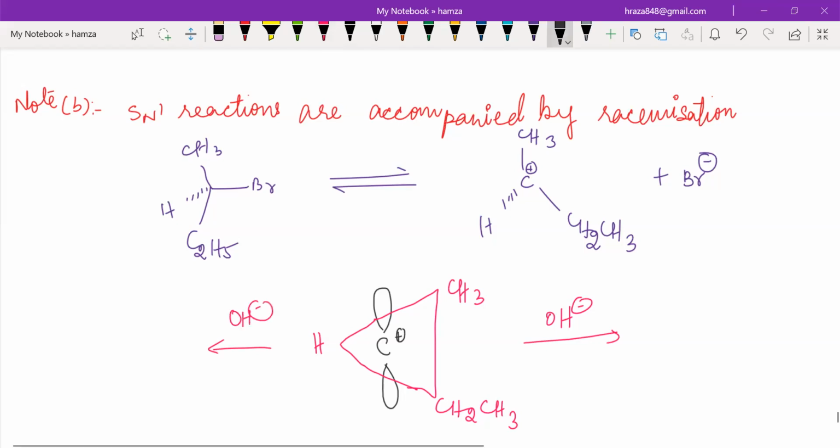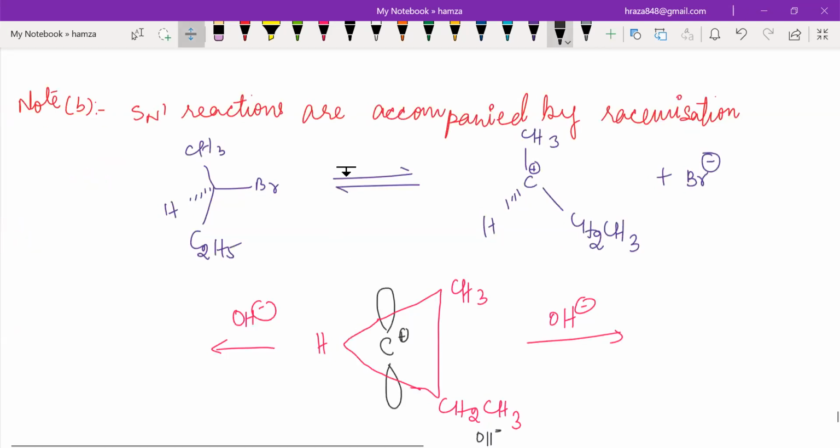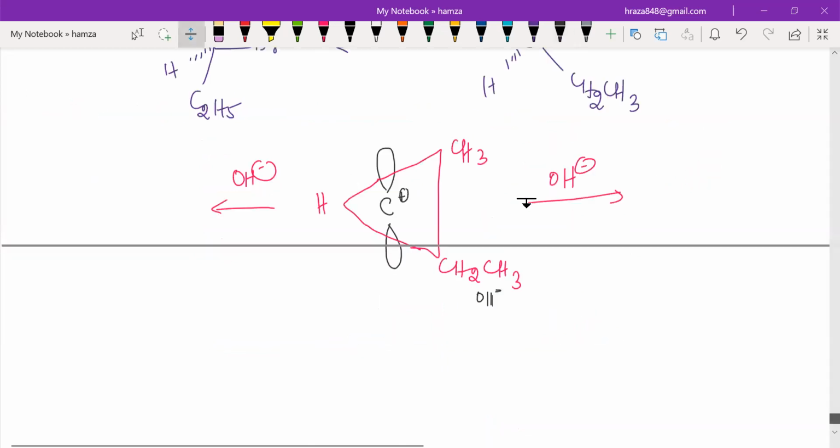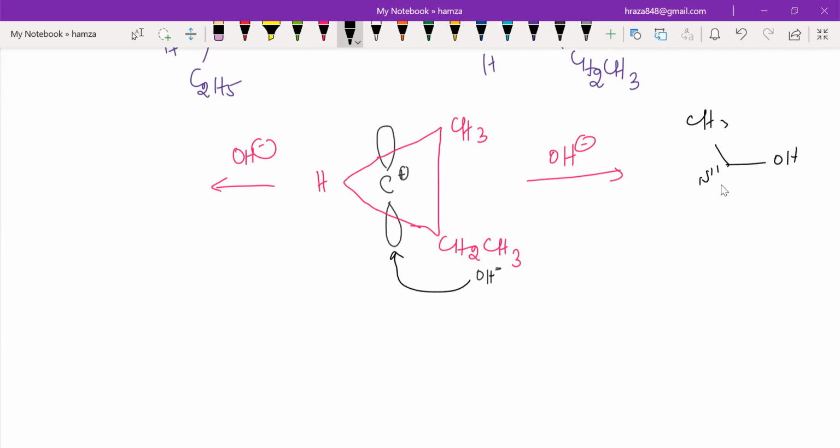Now OH minus can go to this carbon, this OH minus can attack on this. So what will be the product on the same side, front attack? So it will be like this. On the side of bromine, front attack, and this is CH3, this is hydrogen, and this is our C2H5, that means CH2CH3.